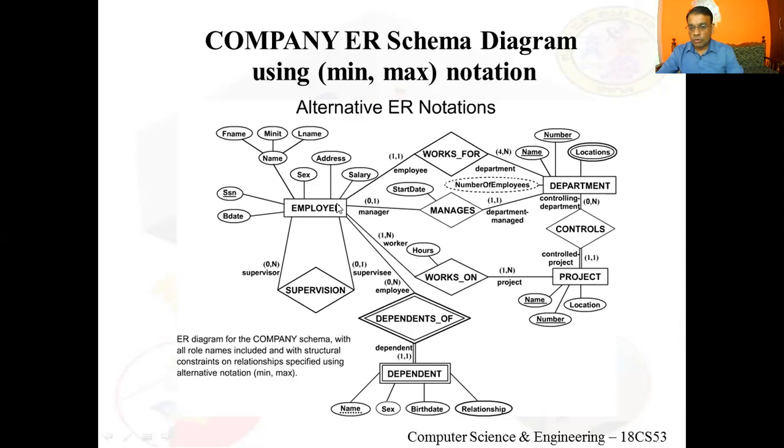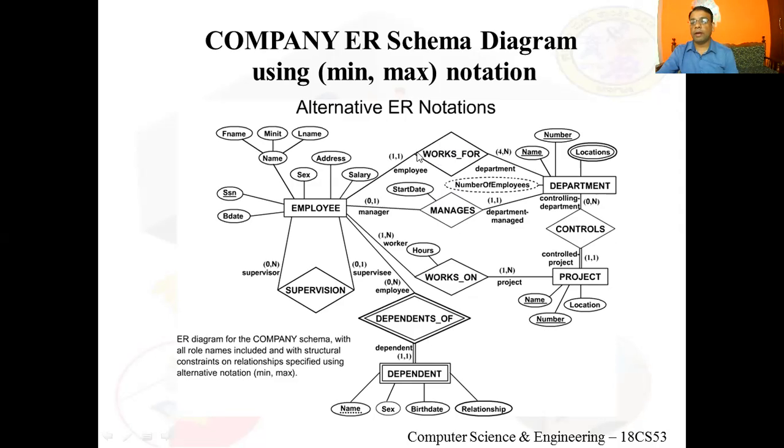And relationship types are denoted with uppercase letters, like WORKS_FOR, but these relationship types should convey some proper meaning. You are free to choose the names, but the only thing is it should convey proper meaning. Employee works for department. So if you don't want to give works for here, employee will work for department.